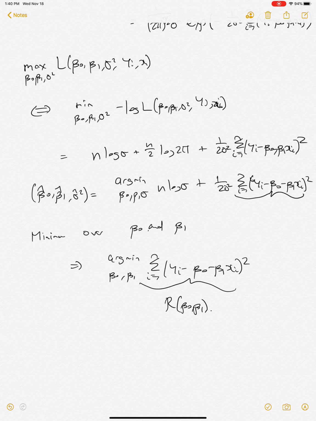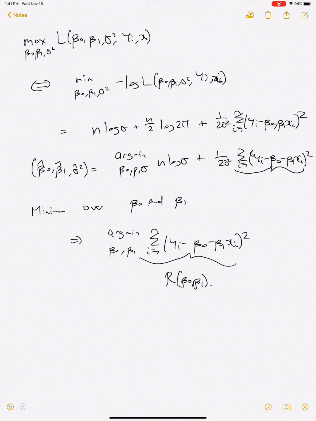So the least squares solutions to beta 0 and beta 1 are equivalent to the maximum likelihood estimate. This is a cool thing: least squares is a very general way to find the regression line, and it doesn't make any assumptions about normality. But under the model with independent normal errors with the same variance, this is the same as maximum likelihood.